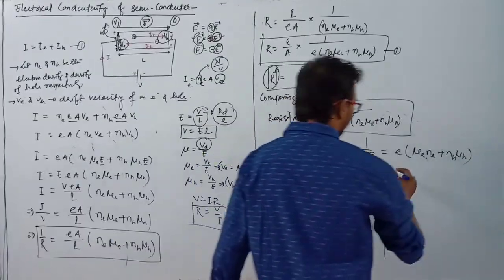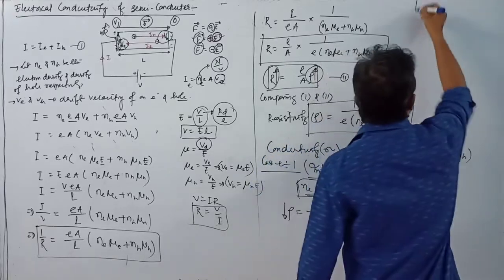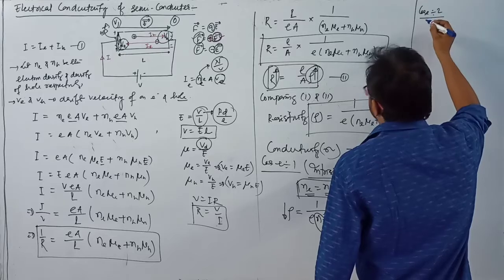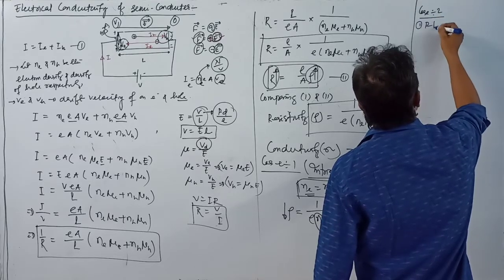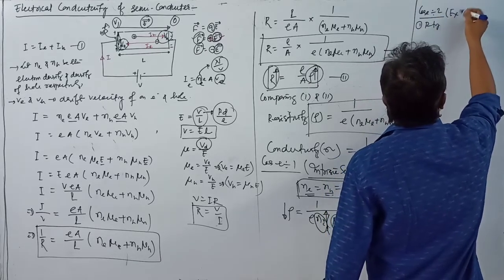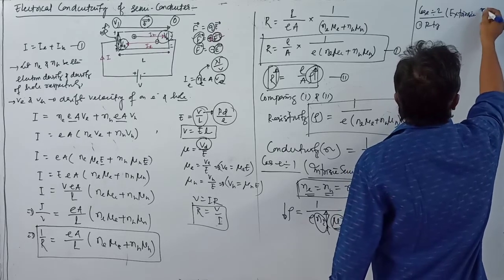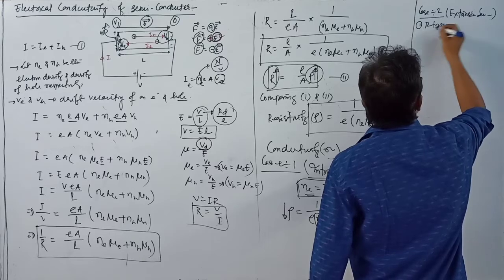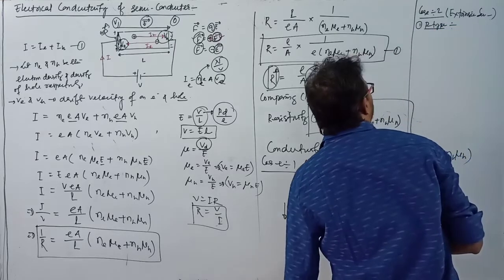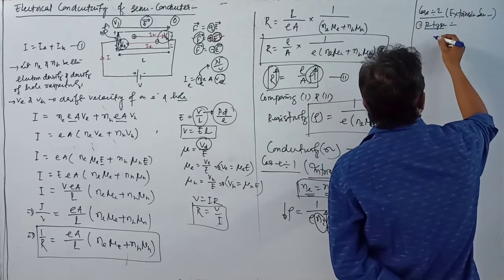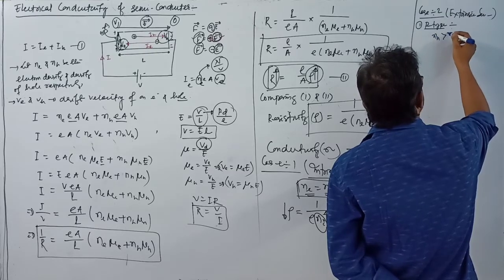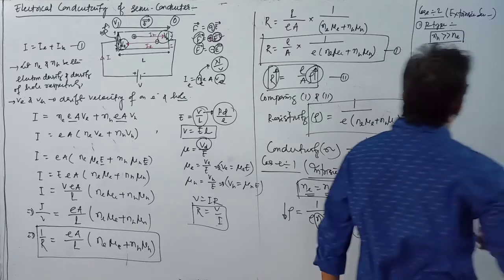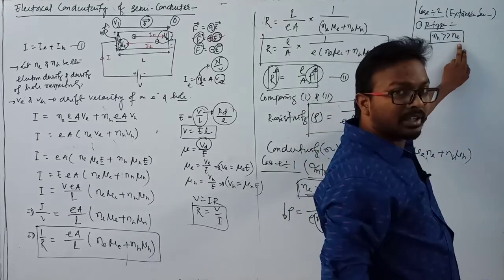Now case number 2. Here I am writing case number 2. In case 2, the first point is p-type semiconductor, which is an extrinsic semiconductor. In a p-type semiconductor, the majority charge carrier is the hole, so Nh is very much greater than the number of electrons.